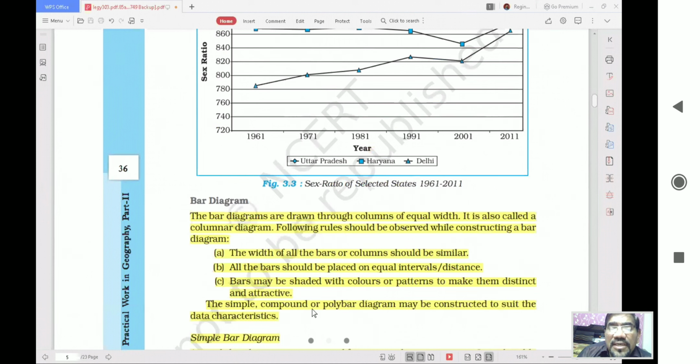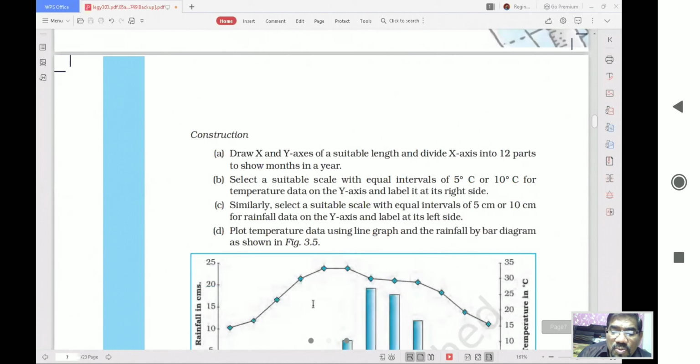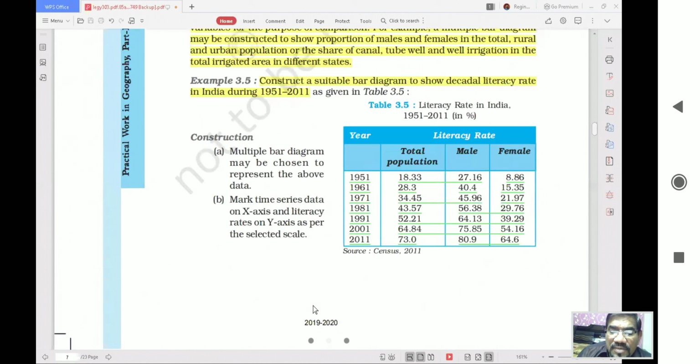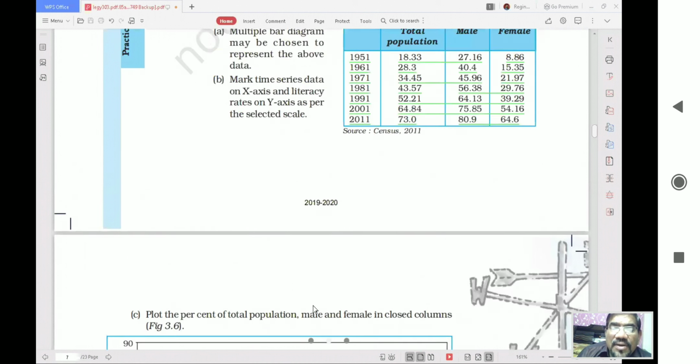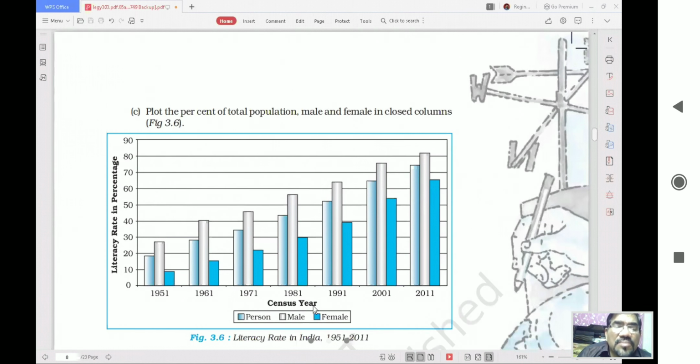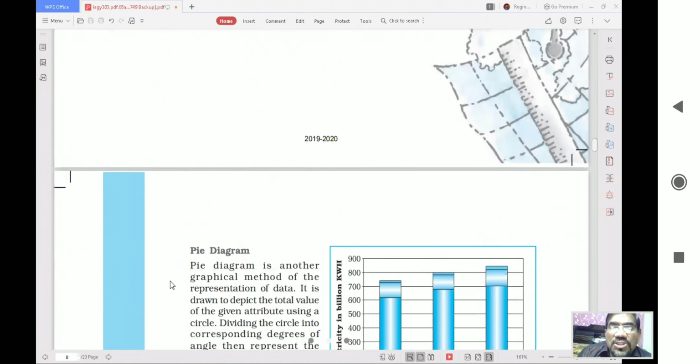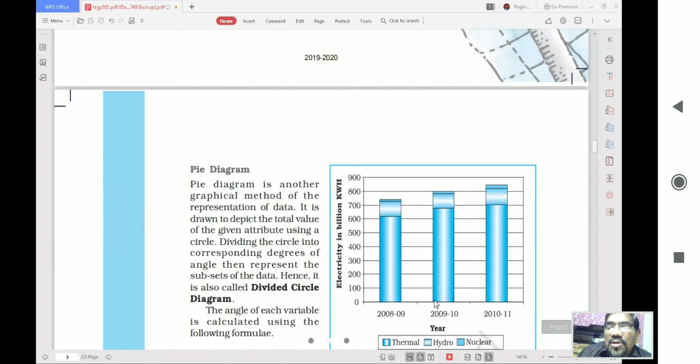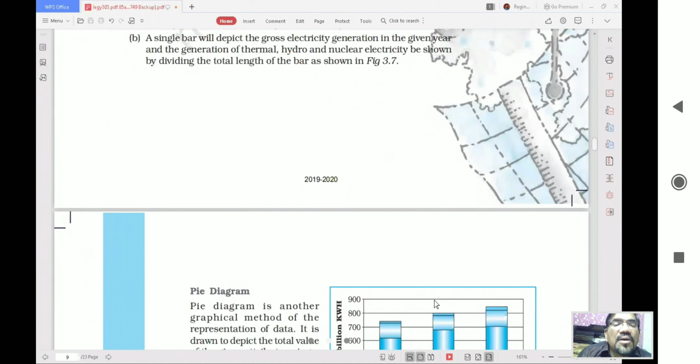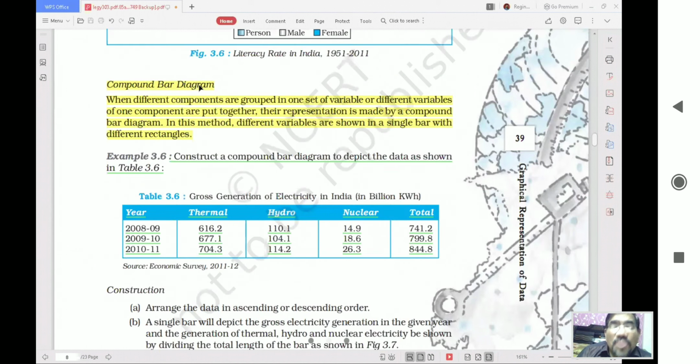This is multiple bar, one, two, three bars, multiple. Now this is compound, and the name is here, compound, because in one particular bar, three bars are shown. That is why it is compound.